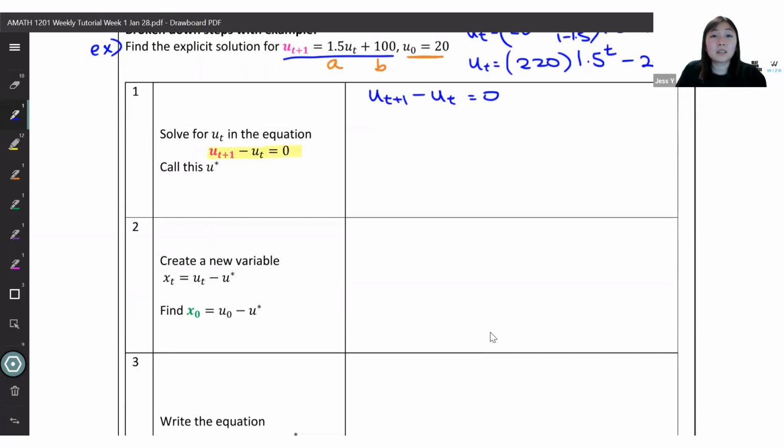Well, u sub t plus 1, they gave it to us in the question. This is 1.5 u sub t plus 100, and then minus u sub t equals 0, and we're solving for this variable u sub t.